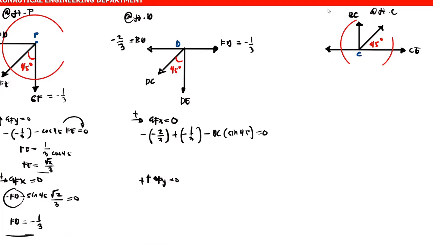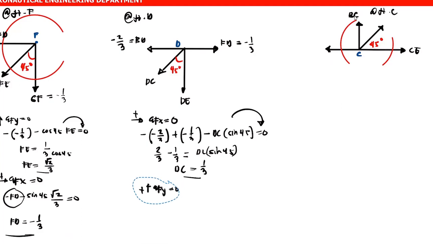So this one magiging positive 2/3. Tama? Okay. Minus 1/3. Lipat natin sa kabilang side yung DC. That is DC sine 45. Okay. DC is equal to what? So 2/3 minus 1/3. That is 1/3. Okay, DC is equal to 1/3.